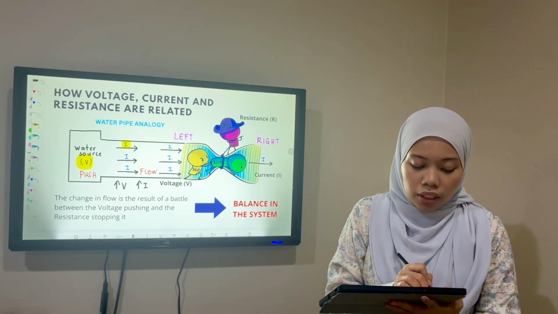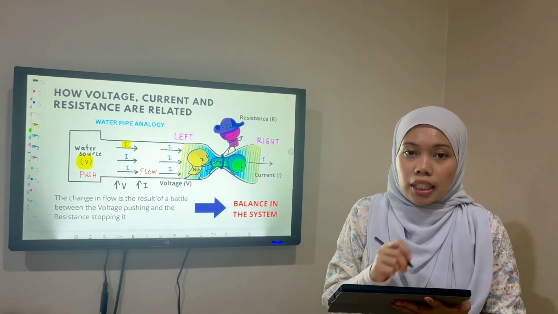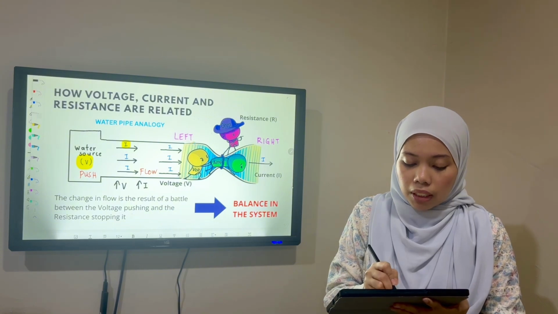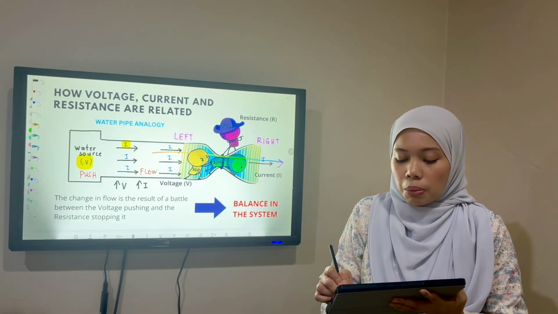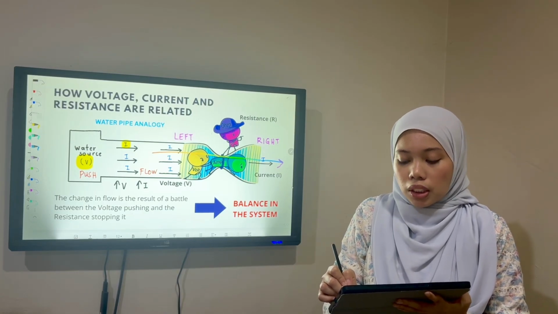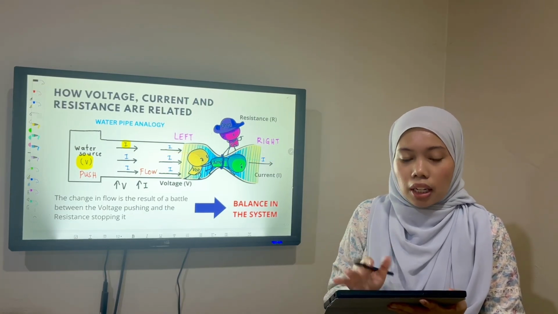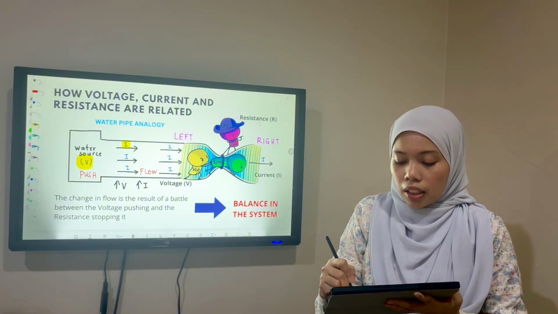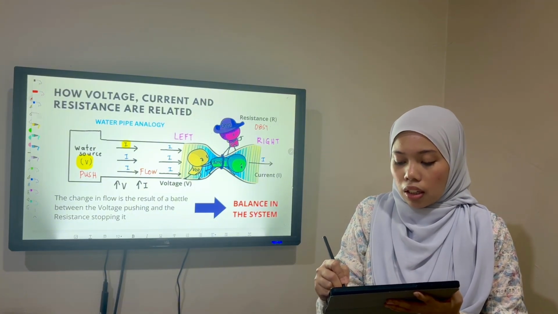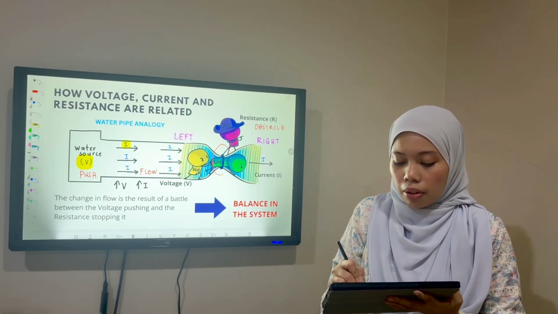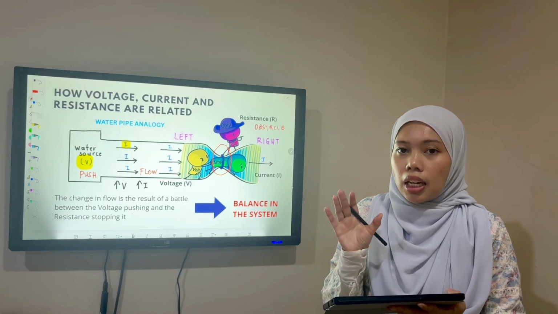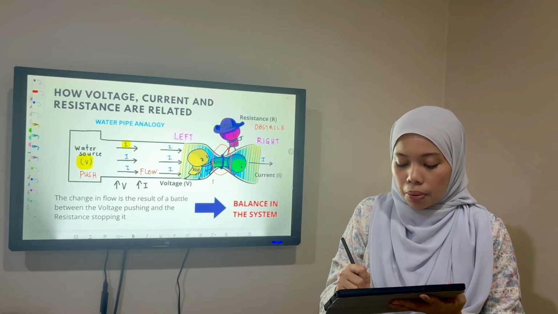Now let us see when the current is moving from the left side of the pipe to the right side of the pipe. We will see that it encounters some obstacle here. This obstacle is known as the resistance, where this area becomes narrow.